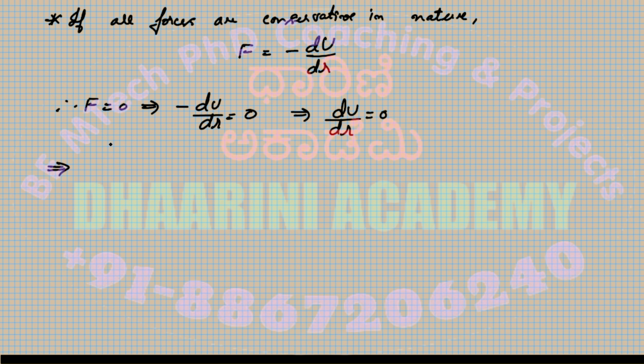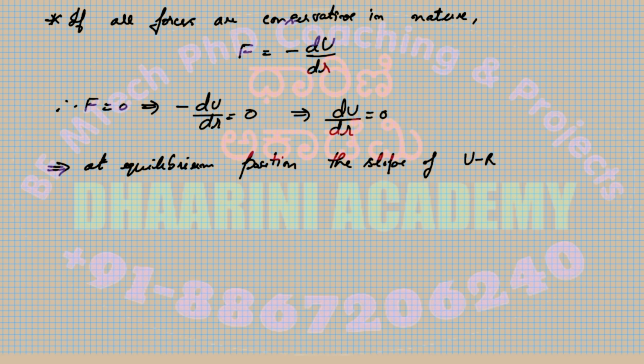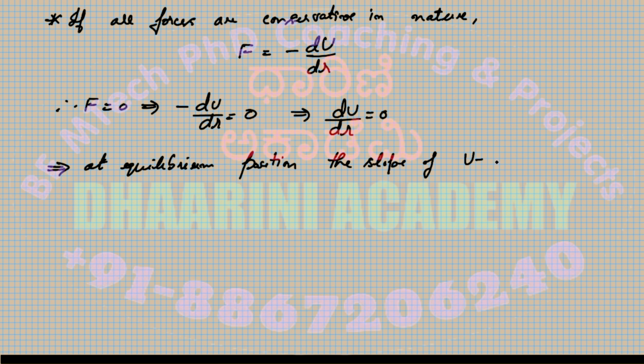This implies at equilibrium position, the slope of the U-r graph is 0.